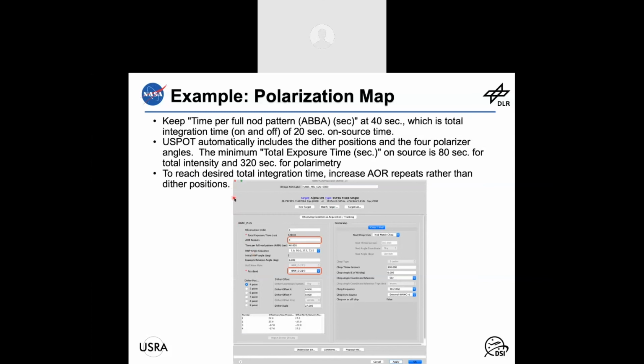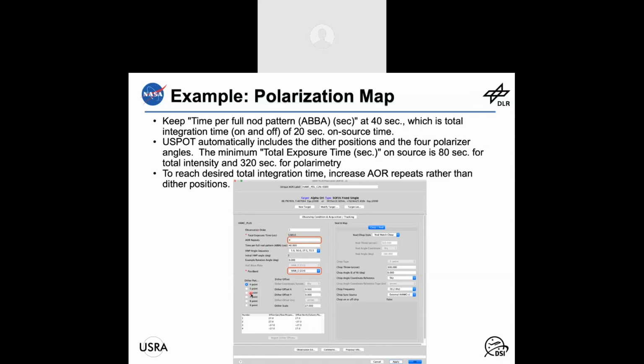In creating a nod match chop mode AOR for HAWC+, I keep the time per full nod pattern, ABA or ABBA, set to 40 seconds, which is the total integration time on and off for each pointing. So it'd be 20 seconds of on-source time and 20 seconds of off-source time.